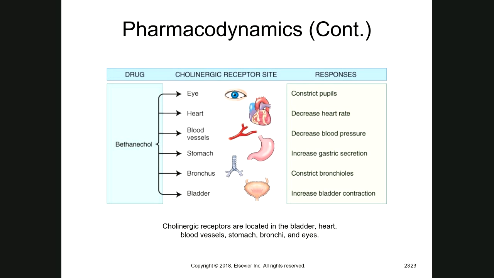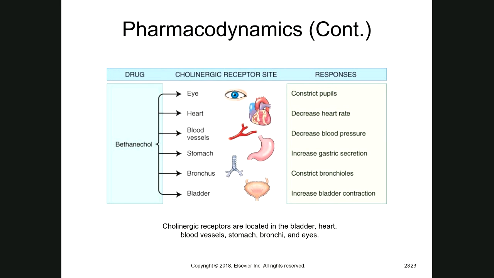We have to look at the drug therapy and the side effects, and you want to look at adverse reactions, the unintentional, unexpected reactions of drug therapy that will occur in normal drug doses.